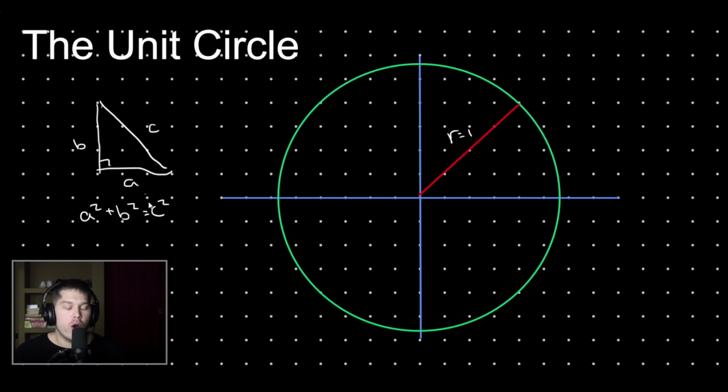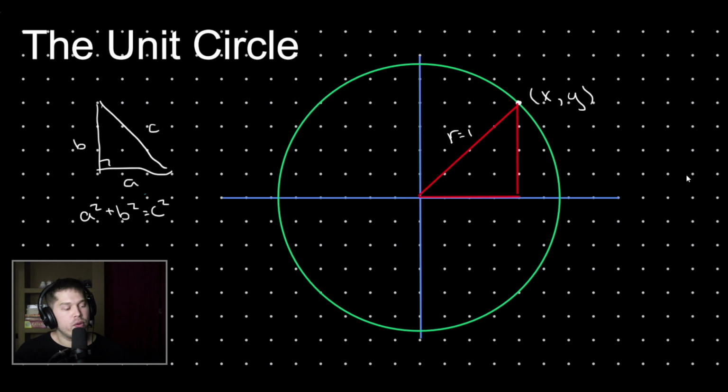Let's carry this thought over to our unit circle, where this coordinate point here is some distance x and some height y. And we know here, let's draw out our right triangle.